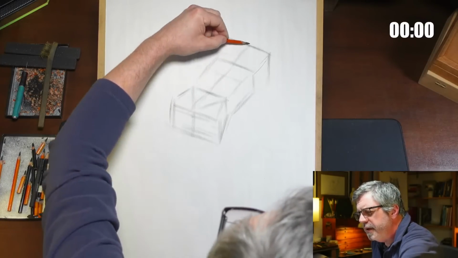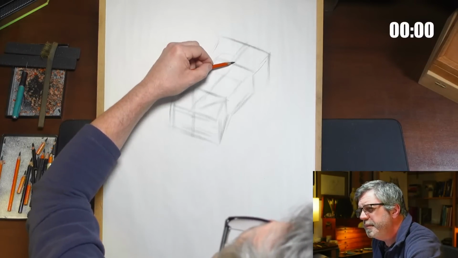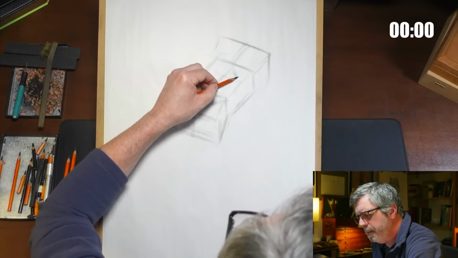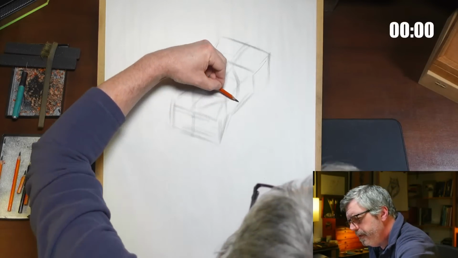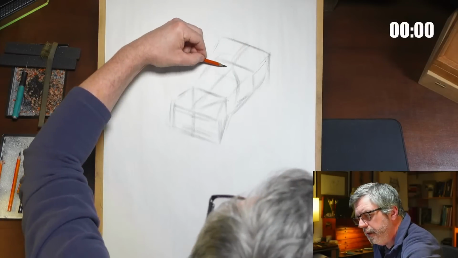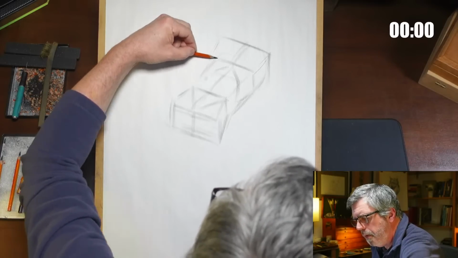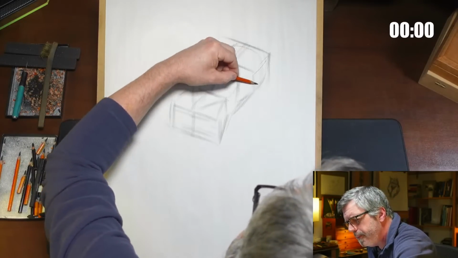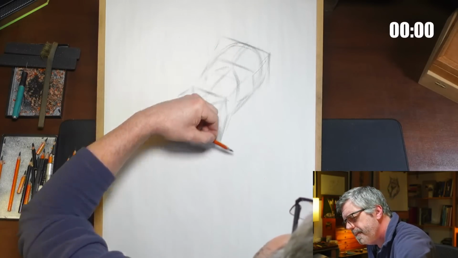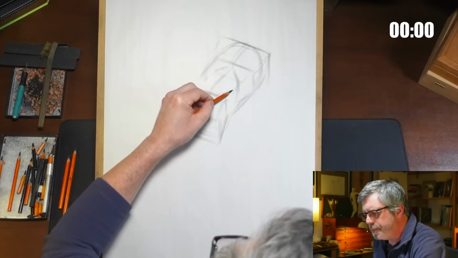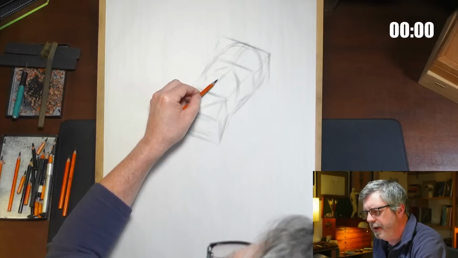Because of the foreshortening, the arch of the rib cage starts very high. It's starting about here, coming down this way. So the rib cage is sitting in here. Navel's going to be about here.